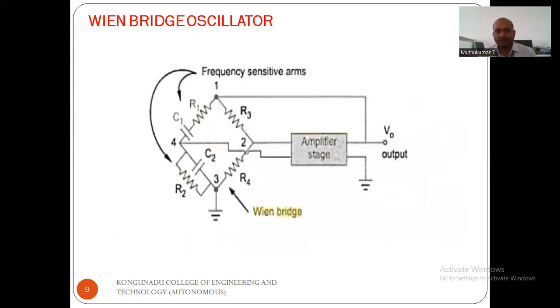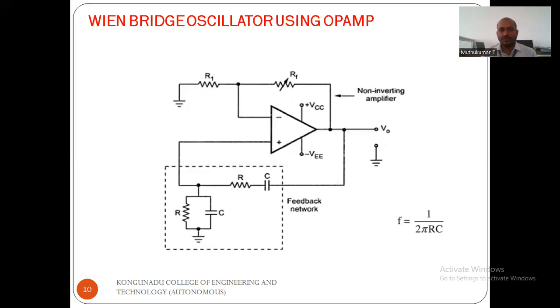So this is a Wien bridge based sine wave generator. This is the frequency sensitive arm. There are four arms here, with resistance and capacitor connected in series and parallel combinations. This is the operational amplifier based Wien bridge oscillator.